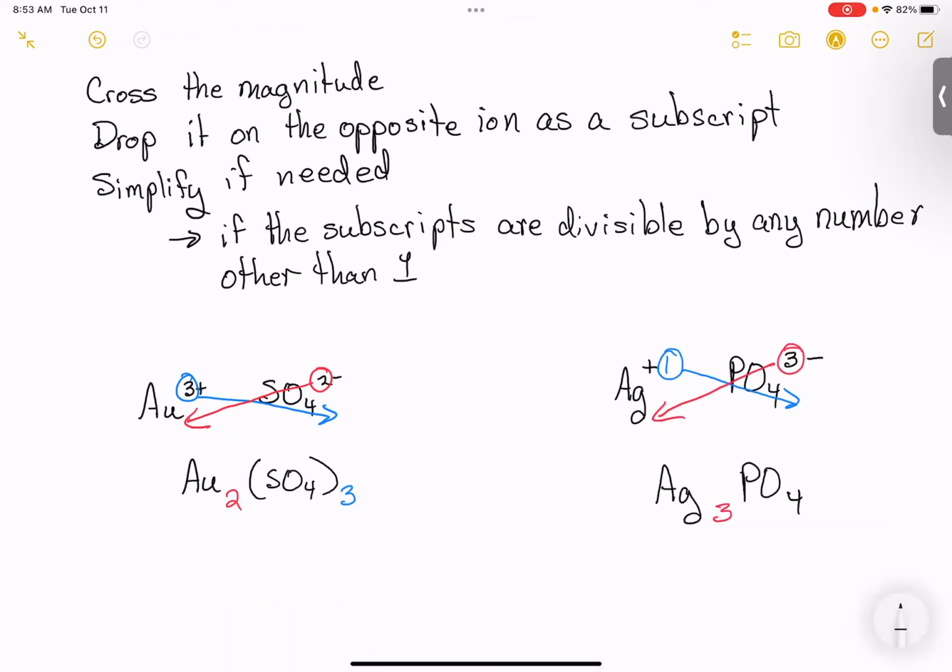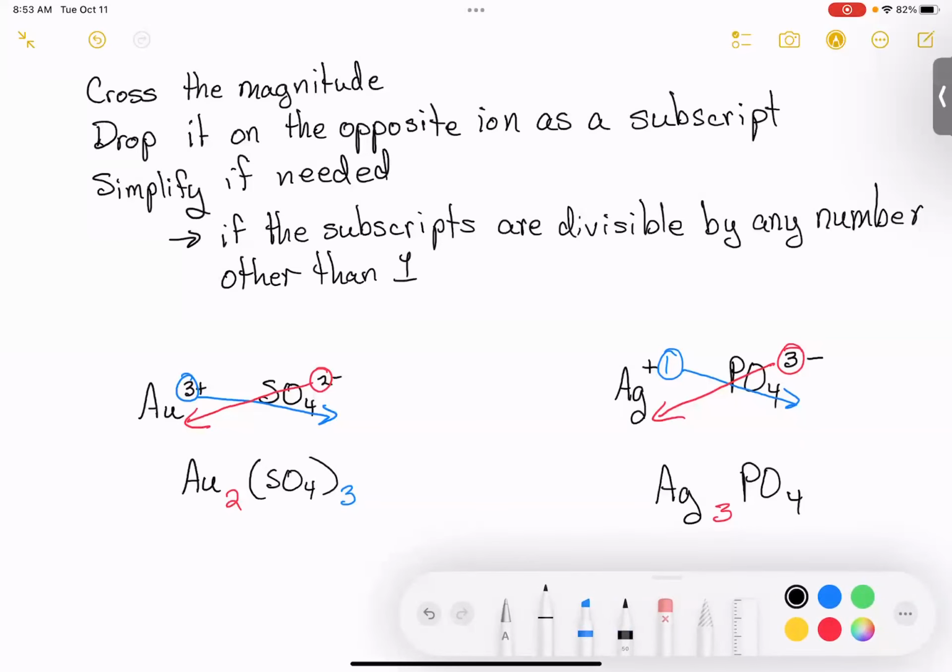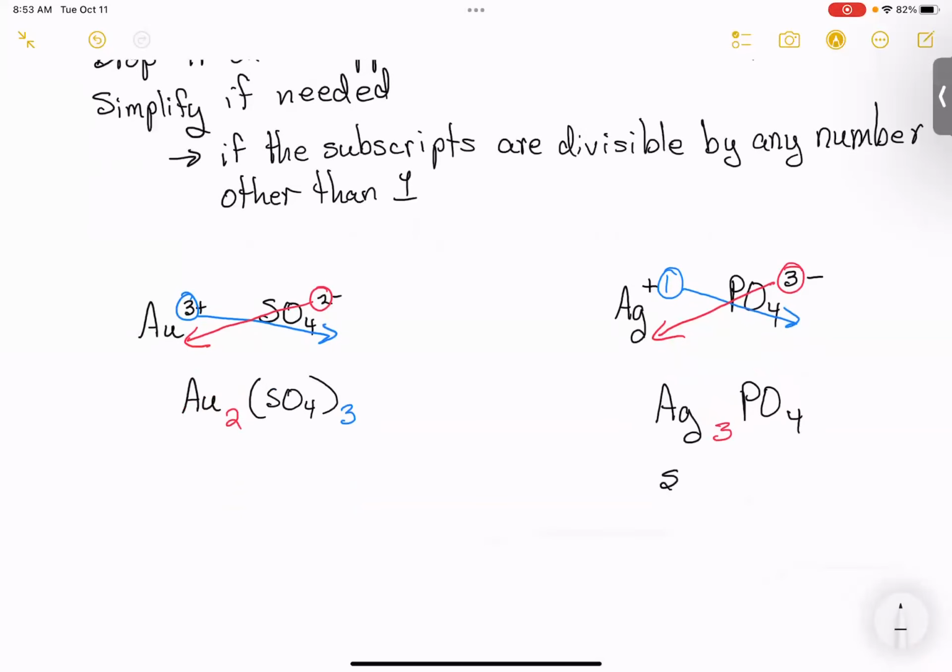You only have to put it in parentheses if it's more than 1, because the parentheses are basically saying that the polyatomic ion is a unit. And because silver is always a constant charge, this would simply be silver phosphate.